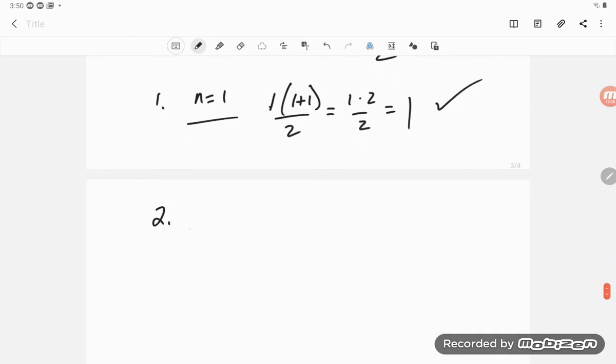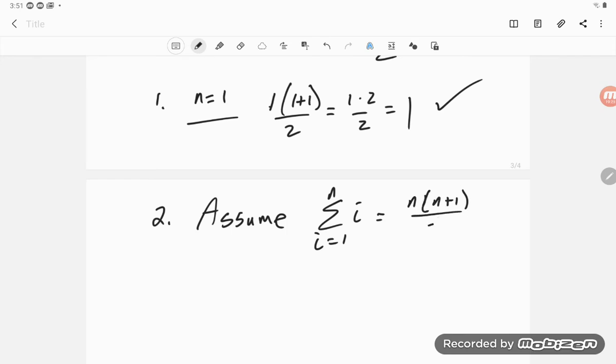Now we go to step 2, the induction step, and we say, assume that if we sum up i equals 1 to n, we do indeed get n times n plus 1 over 2.